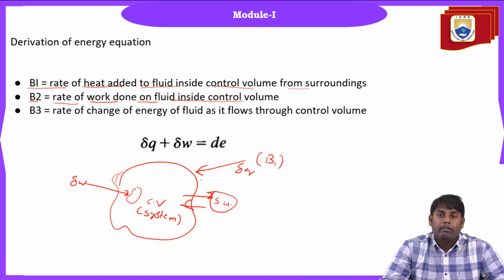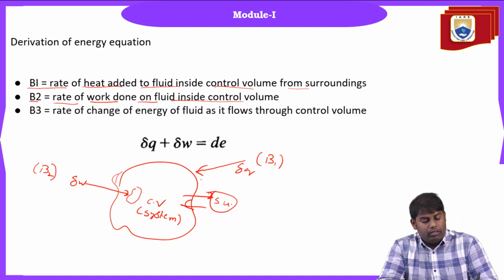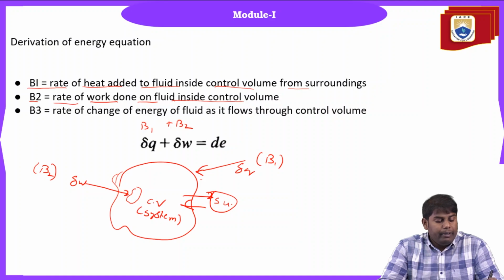So here we are doing some work inside the control volume, and we are mentioning it as B2. This one is called B1, this one is called B2, and B3 is nothing but the rate of change of energy of the fluid as it flows through the control volume.